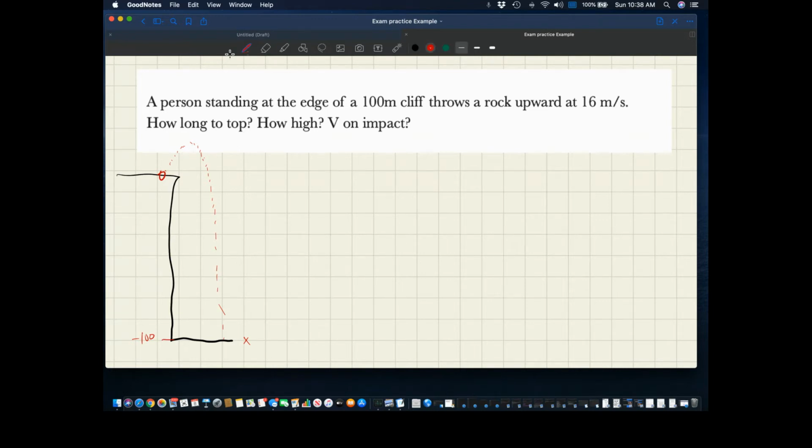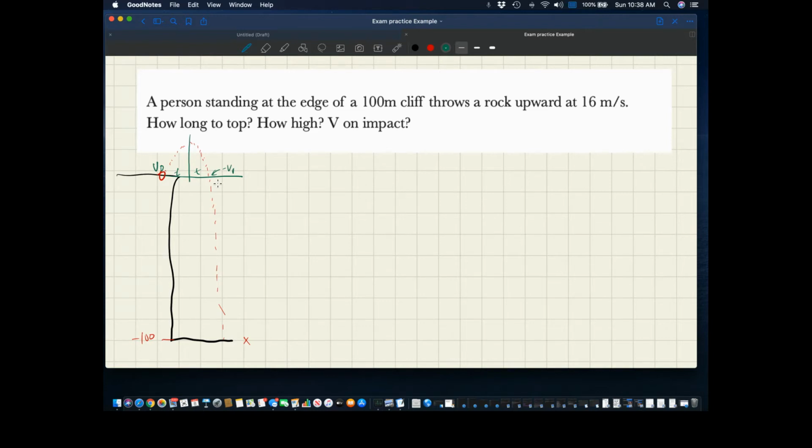There are some factual things about this that we should remember. When something is thrown upward, there is symmetry on the path up and down, so this time will be equal to this time. The time up equals the time down. And the V0 it's launched up with will be minus V0 over here. So those will be the same.